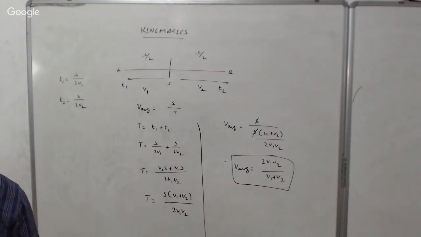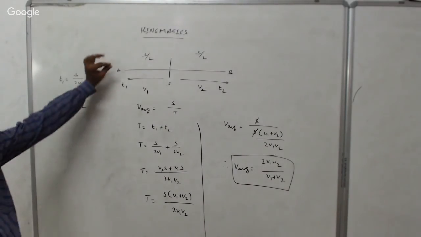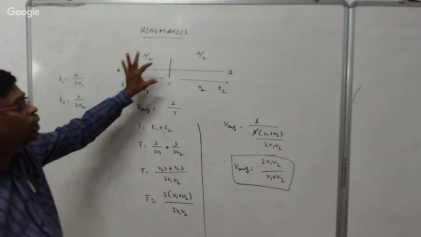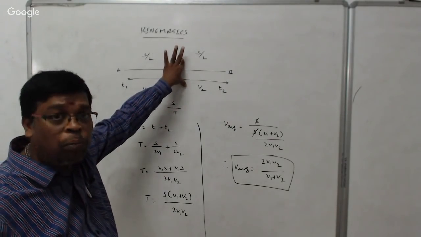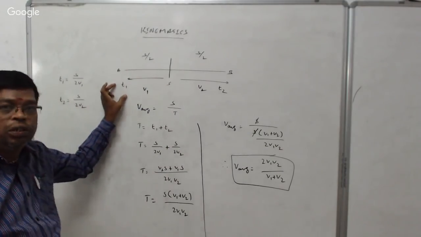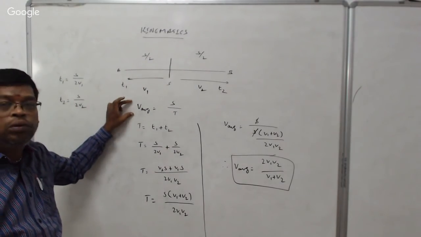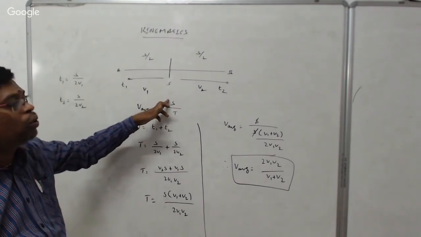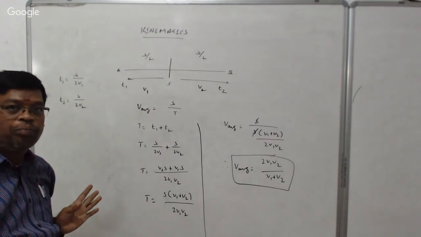Understood clearly? See what we did here. Distance and the speed are mentioned in the problem. Time is not mentioned, but we know the average speed formula: average speed is equal to total distance by total time.